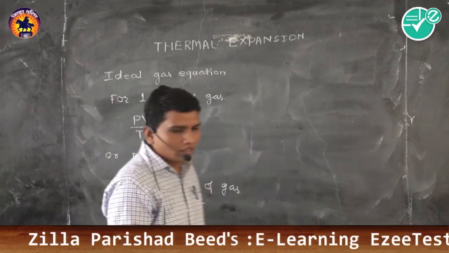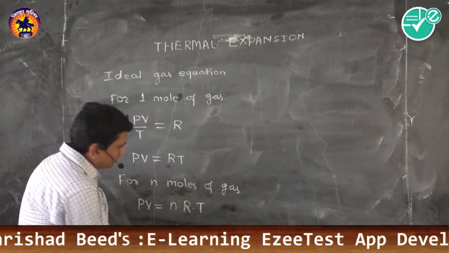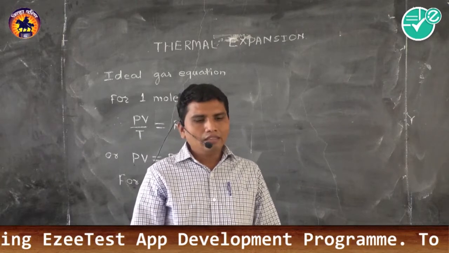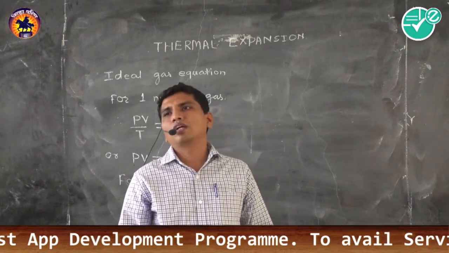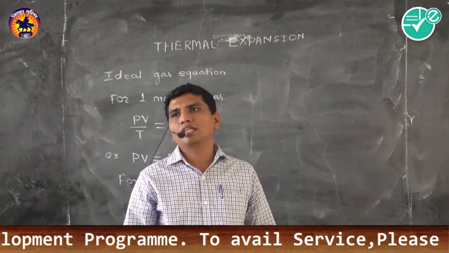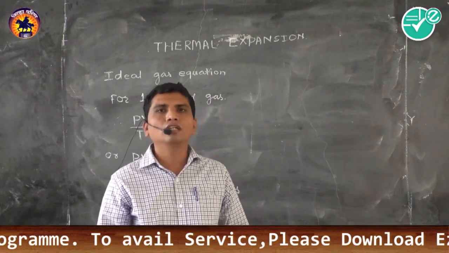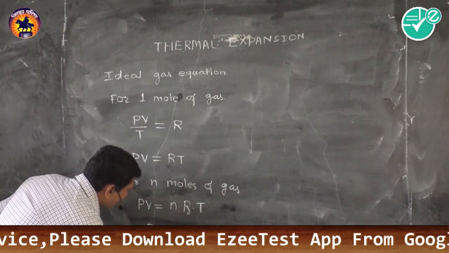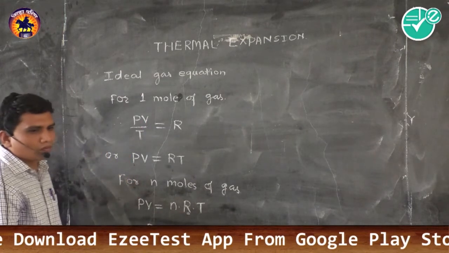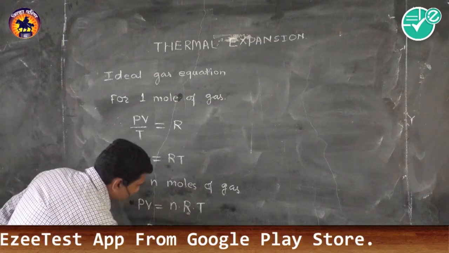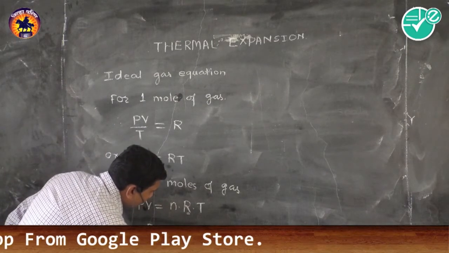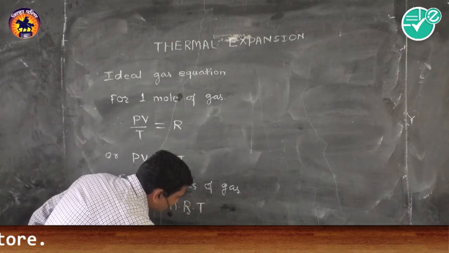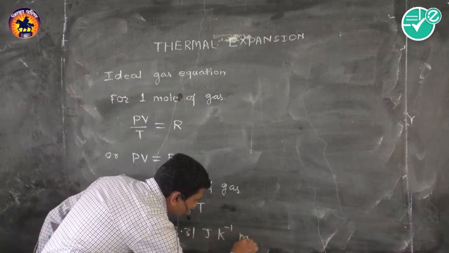In this equation, this R is the same for all gases, and it is called the universal gas constant. The value of the universal gas constant is R equal to 8.31 joule per Kelvin per mole.